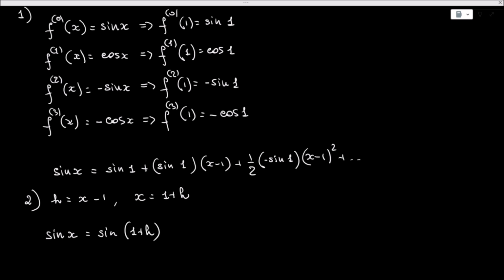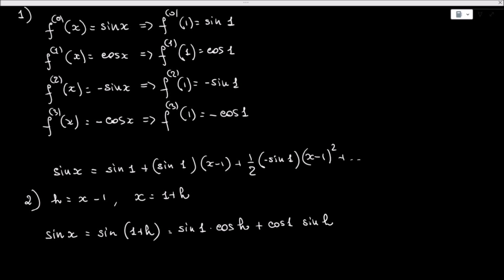And if we apply the formula for the addition, for the sum, we have sine of 1 times the cosine of h plus cosine of 1 times sine of h.